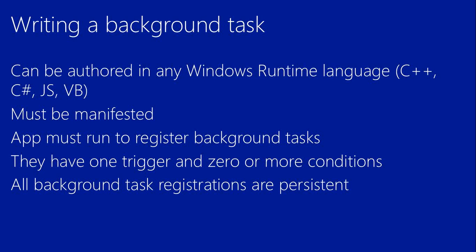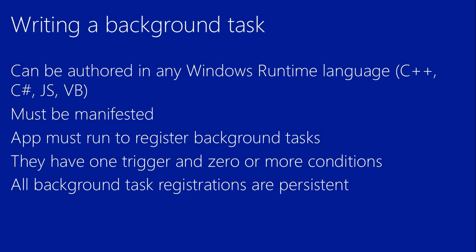When the time reaches 60 minutes, since the background task was already registered with the background task infrastructure, the background task will execute. This is the power of persistent storage: you don't have to register the background task again with the infrastructure, and even if the application is not launched or is suspended, the background task will execute.